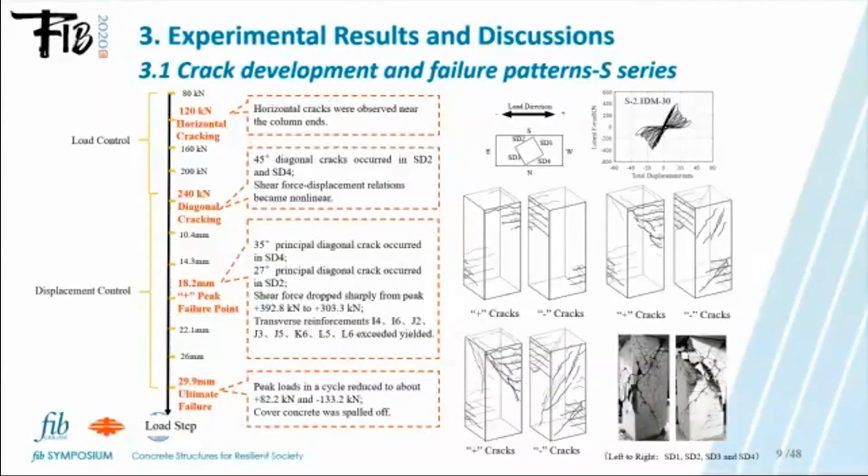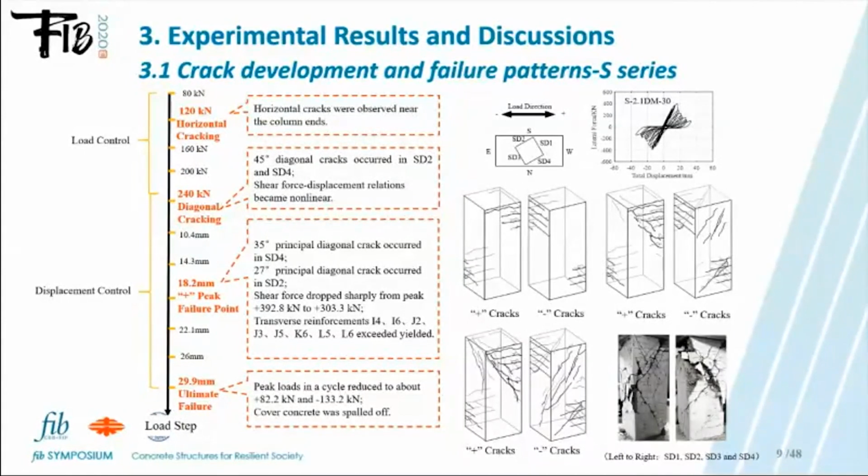Afterwards, diagonal cracks developed as the flexural cracks extended from the column edges in the loading direction to the column mid depths. In subsequent cycles, the flexural cracks did not grow further, but instead, several independent inclined cracks formed in the middle portion of the column.